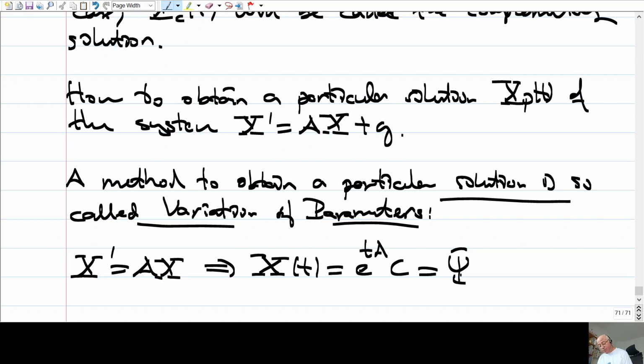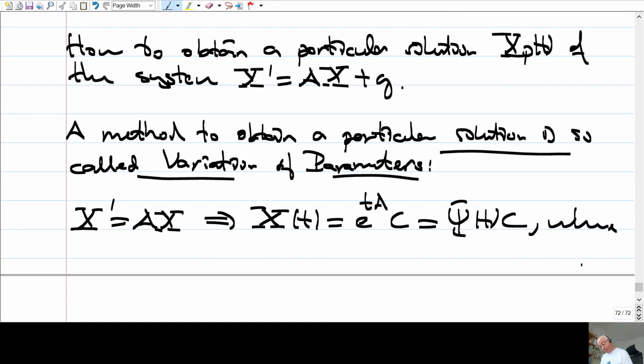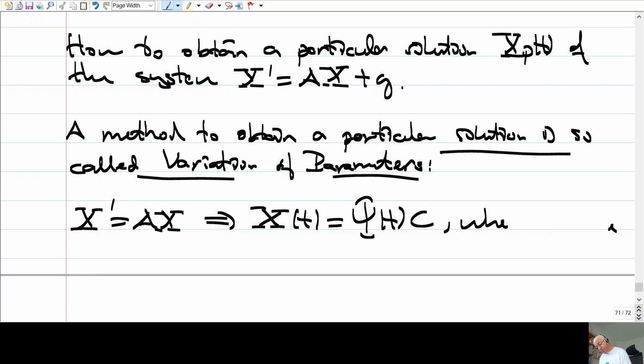You can obtain just one set of linearly independent solutions, and multiply this by C. Not necessarily the fundamental matrix e to the power ta; you can use any fundamental matrix.